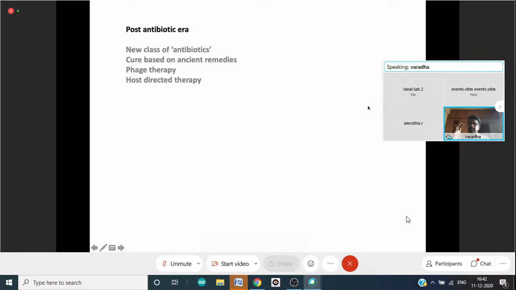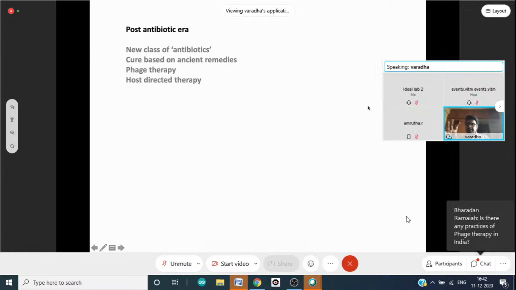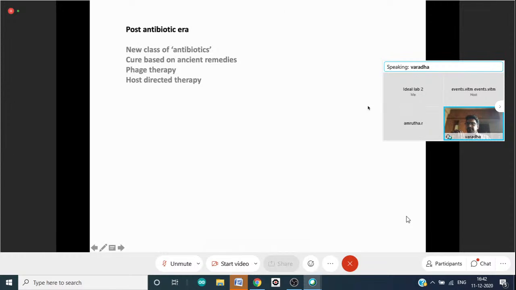And whether there is any specific antibiotic or antibacterial component present in such extracts can be discovered. I think Ayurveda, etc., has certain ways of treating TB patients, but that is not very mainstream.